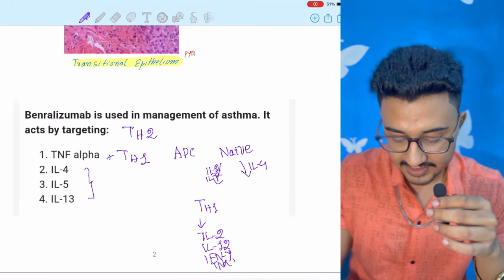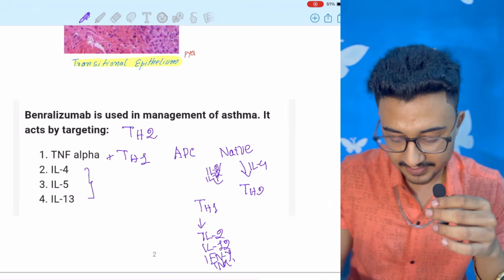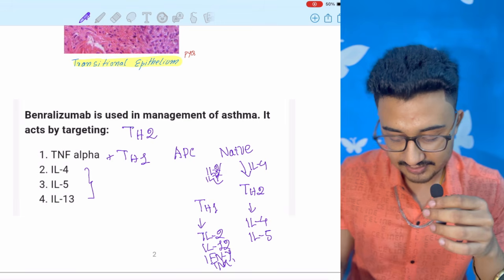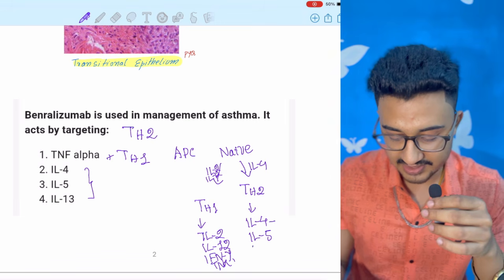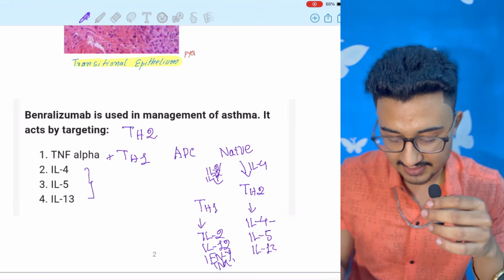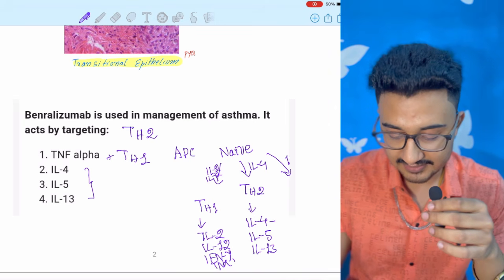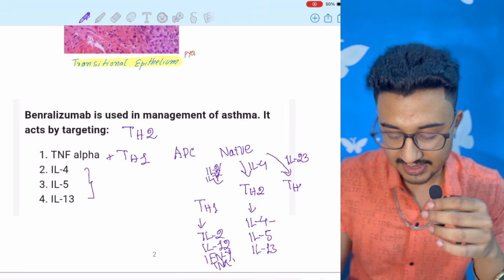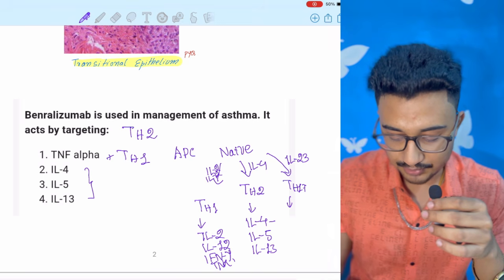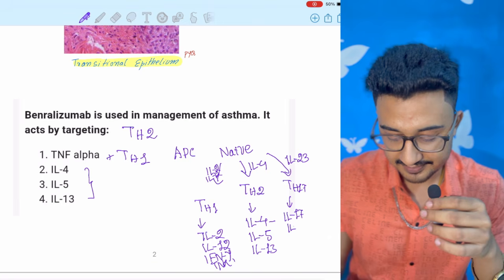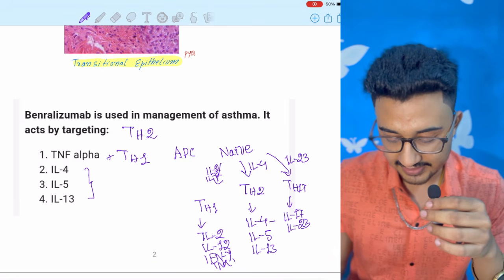If IL-4 is there, it forms the T helper 2 cell. It secretes IL-4, IL-5 which stimulates eosinophils, this stimulates mast cells, and IL-13. This leads to mucus secretion. And if it is IL-23, then the T helper 17 cell is stimulated and it secretes IL-17 and IL-23.